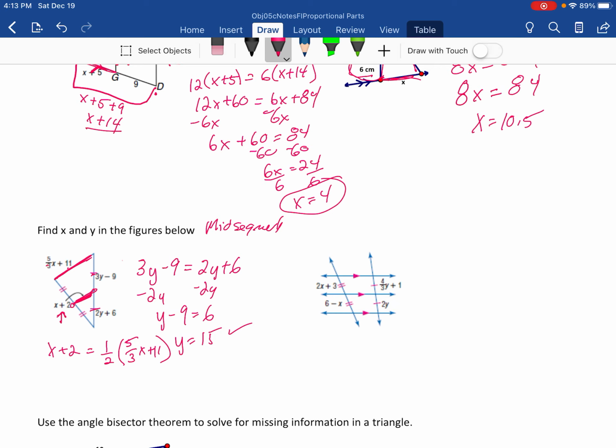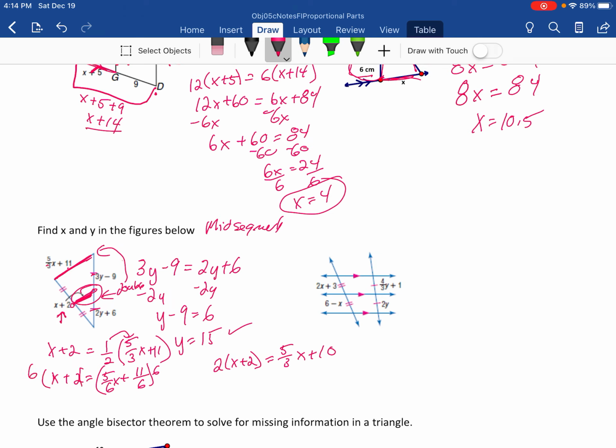You can write it that way, or you can say 2 times x plus 2. If I double this segment right here, I end up with this segment here. So you decide which one you want to do. For this one, x plus 2 is equal to, I do the distributive property, 5/6 x plus 11/6.